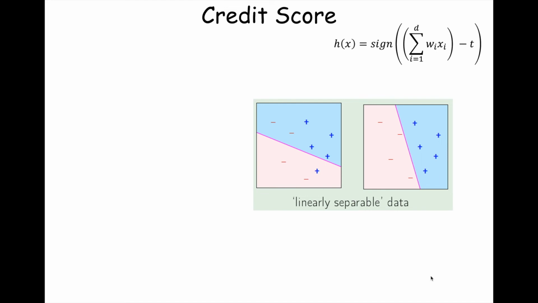Okay, and so let's assume that our point cloud is so-called linearly separable, meaning that you can separate all of the plus points, those approvals, from all of the minus points, the denials, using a straight line. If they're linearly separable, then that means a linear model is a good choice of hypothesis.